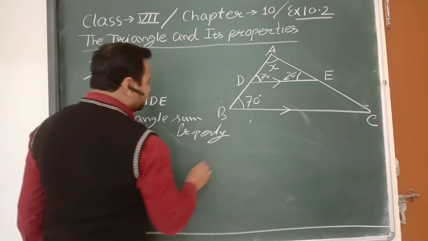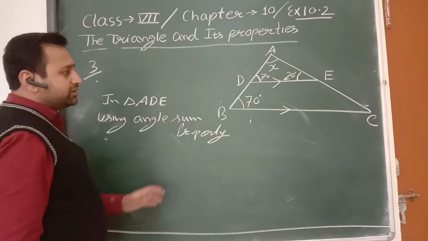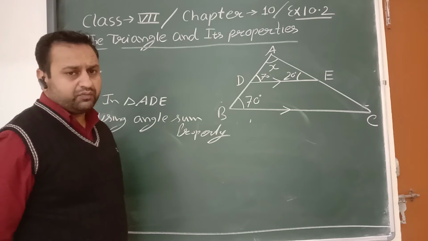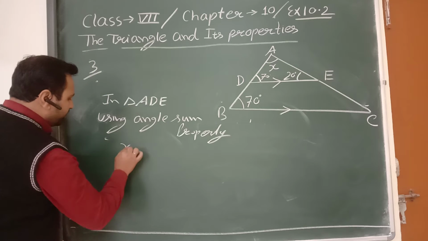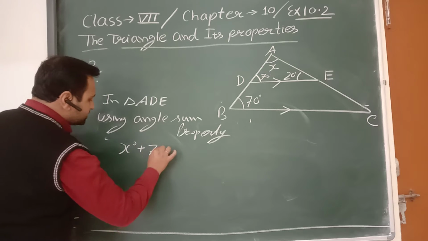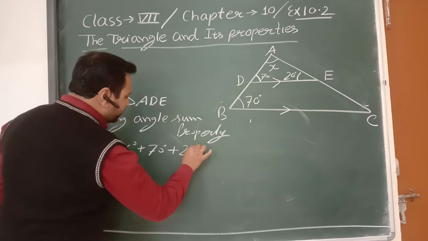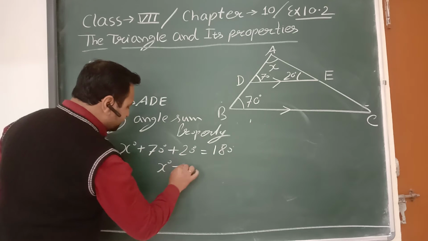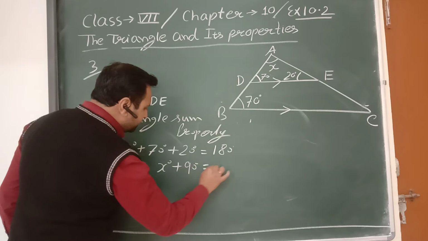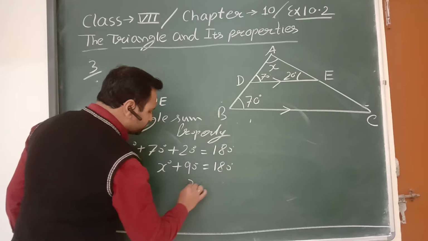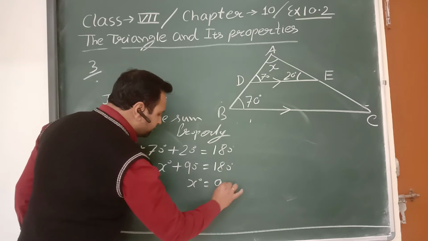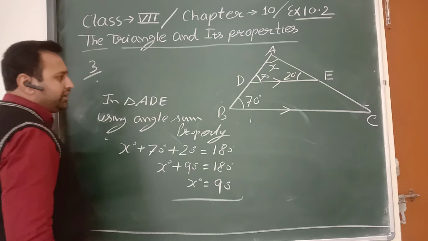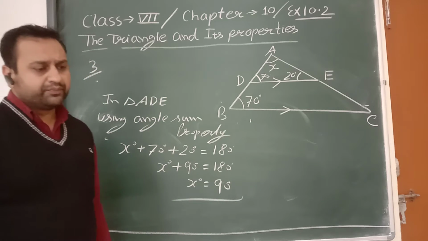So what is the angle sum property? कि ट्राइंगल के तीनों इंटीरियर एंगल का सम ऑलवेज 180 डिग्री. सो x degree plus 70 degree plus 20 degree is equal to 180 degree. So x degree plus 90 degree is equal to 180 degree. So x degree is equal to 90 degree. So finally x is equal to 90 degrees.